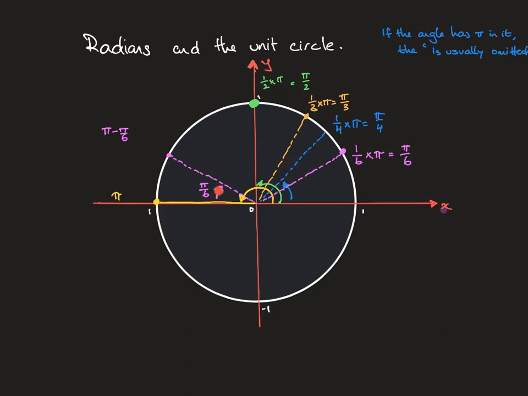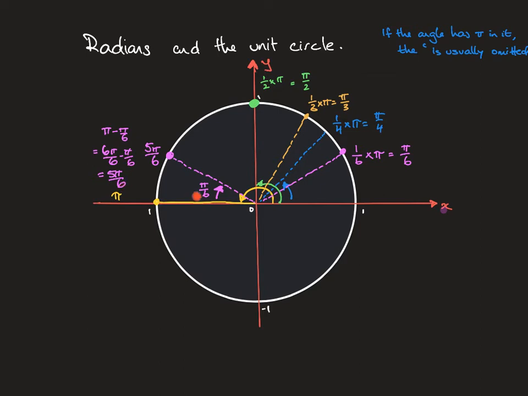And so the angle that we're measuring all the way from the start branch here all the way around this way is in fact 5 pi on 6, because we've come all the way around to pi and then come back pi on 6. So pi minus pi on 6 is 6 pi on 6 minus pi on 6, which gives you 5 pi on 6. So the numerator is 1 less than the denominator.